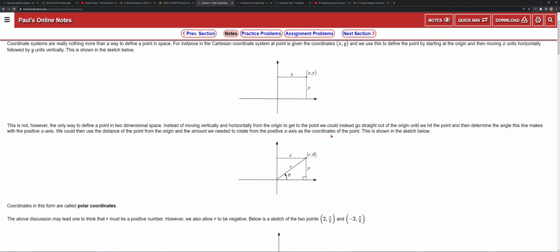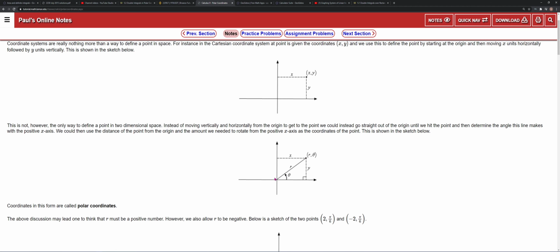On the other hand, you could specify the location of your point using polar coordinates. The r and the theta here: theta is the angle measured counterclockwise from your x-axis, and r is the distance of the point that you're interested in from the origin.